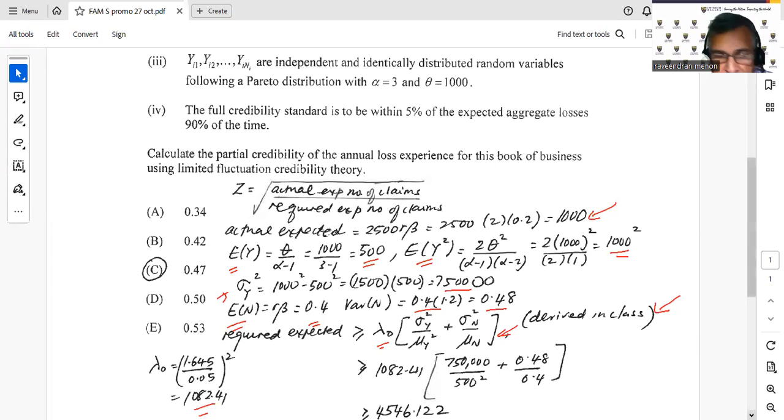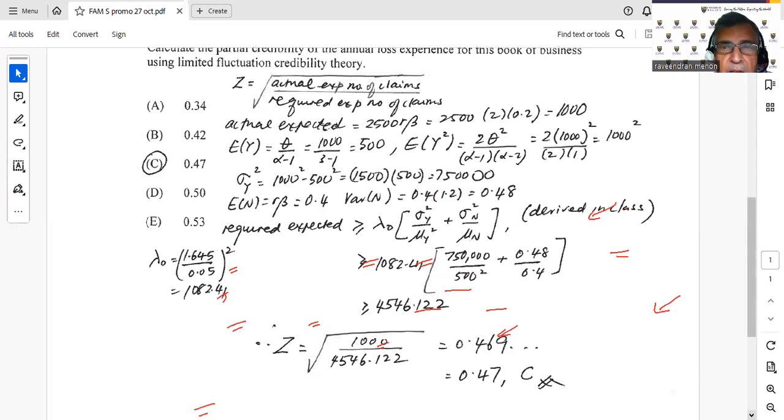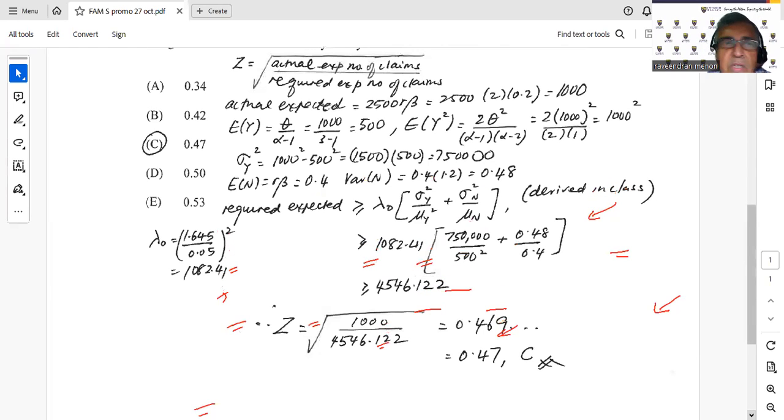When you plug those numbers in, the required expected will be bigger than or equal to lambda naught times sigma_y squared over mu_y squared plus sigma_n squared over mu_n. Use a calculator and you'll get bigger than or equal to 4546.122.